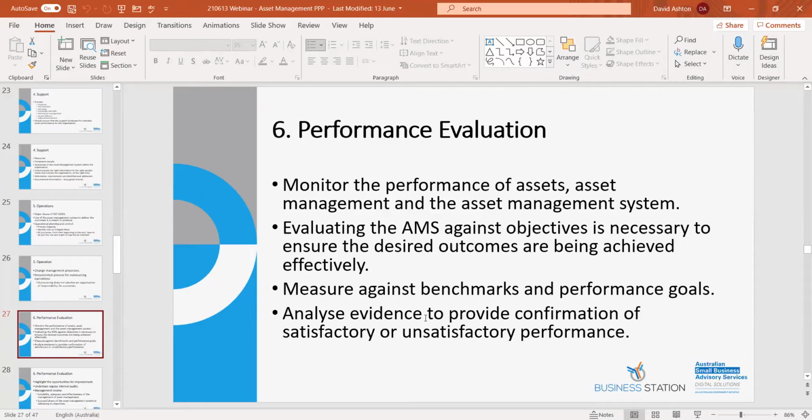Evaluate it against the asset management system objectives and the organisational objectives, benchmarks and performance goals that you've set for the assets and the organisation generally, and develop the benchmarks and performance goals as part of your planning process, and then that will give you the evidence to confirm that the assets are actually operating to their intended purpose and operating effectively.